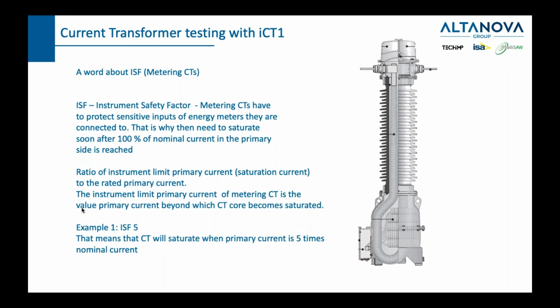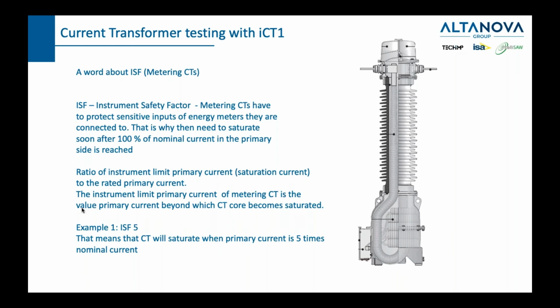So it is the ratio of the instrument limit primary current, or saturation current, to the rated primary current. So long story short, how high will your primary current go until the secondary current stops growing?